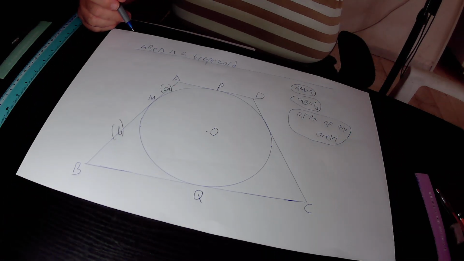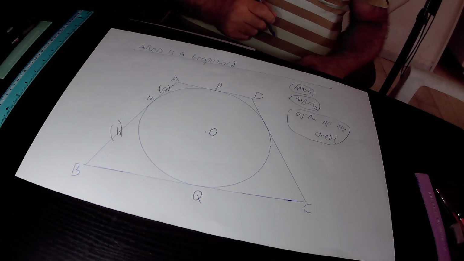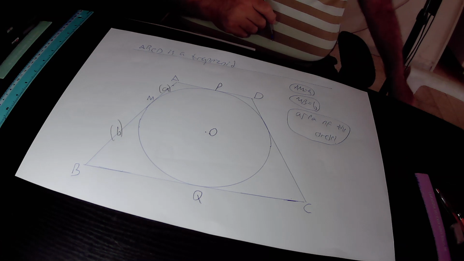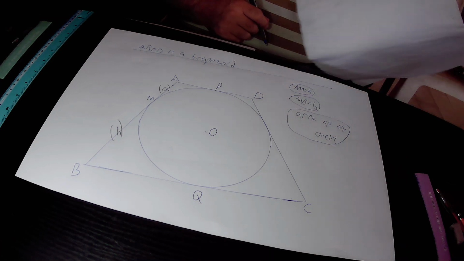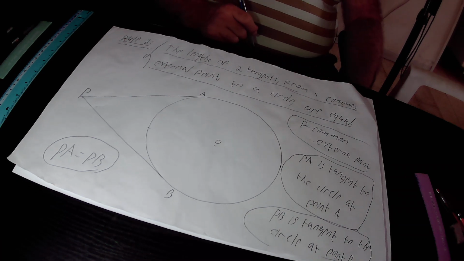So here we can implement rule 2. So I put quickly on rule 2. According to rule 2, the lengths of two tangents from a common start point to a circle are equal.